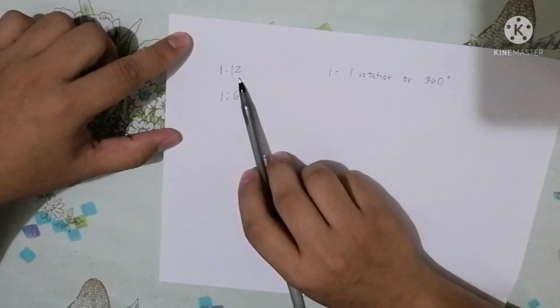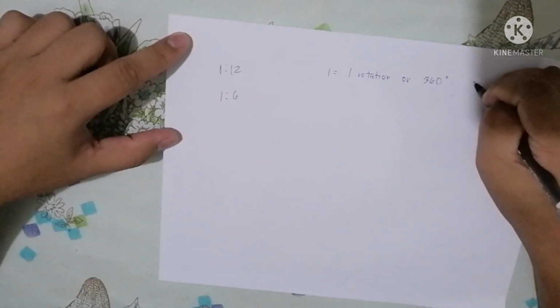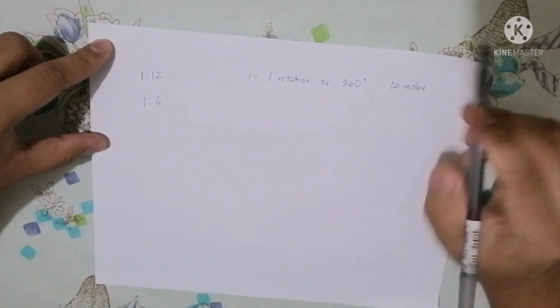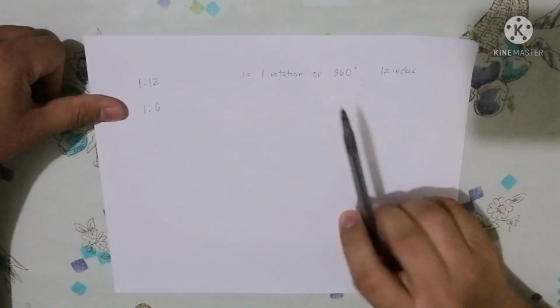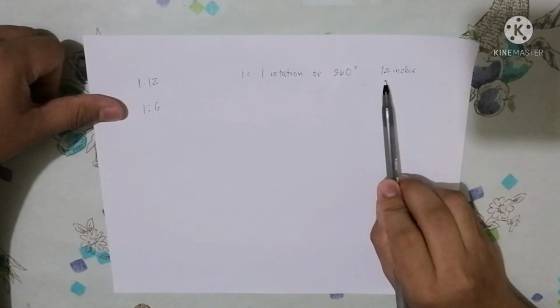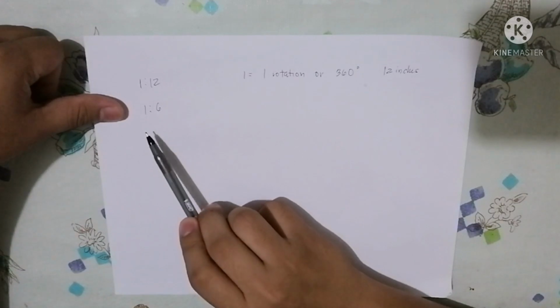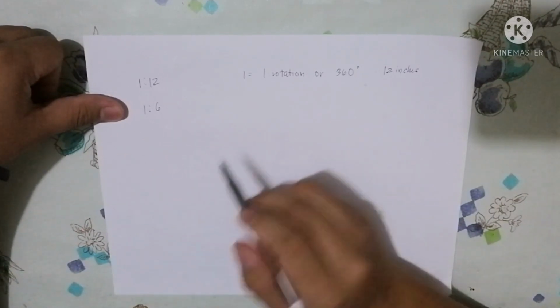And the second number is inches. So 12 inches means that the bullet will need to travel 12 inches in order to complete one rotation. So same thing here in 1:6 twist rate.